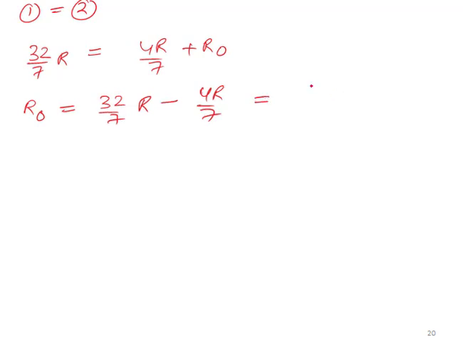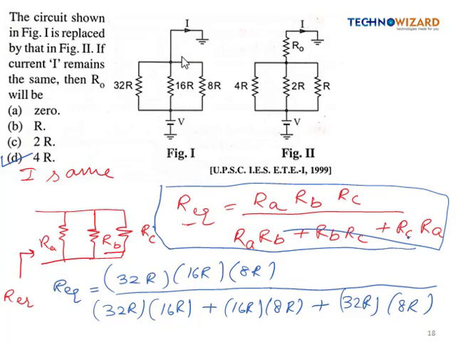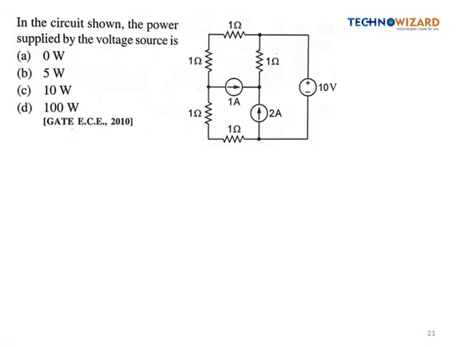So it will be simply 28 by 7 of R. So R naught value is coming as 4R. So for this question option D is correct. So do remember this formula. This formula is important in case of three resistances connected in parallel. So let's see the next question.